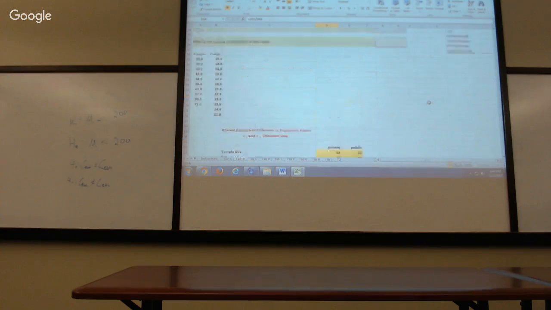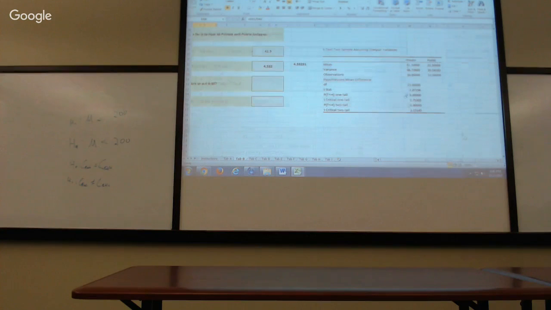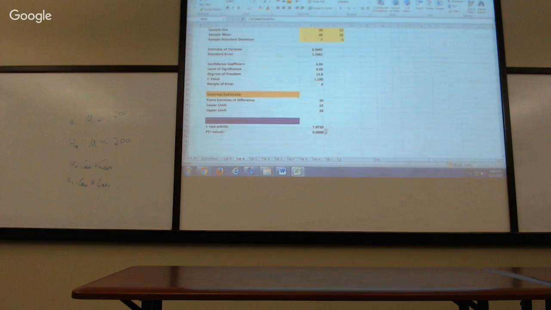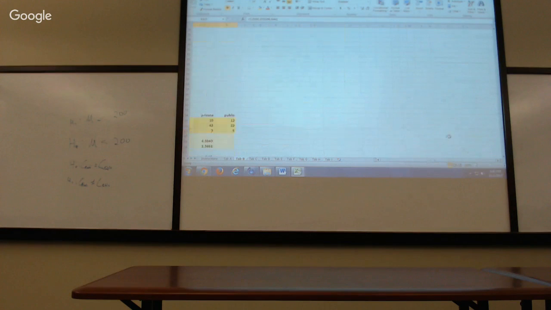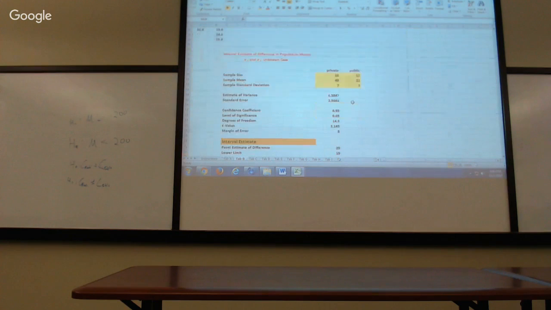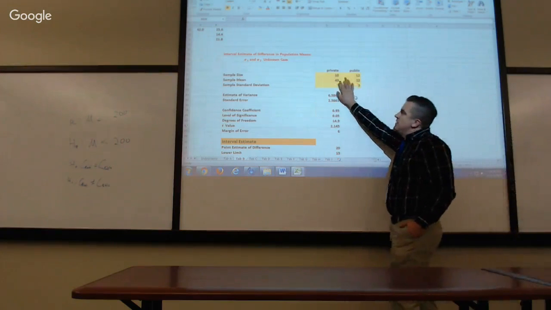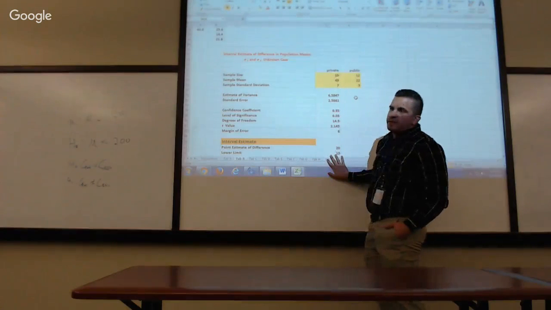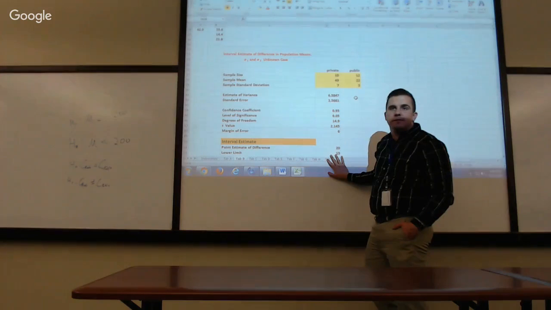Then we can look at our test statistic, which is going to be the same as the test statistic we're given here, and our p-value, which is going to be the same as the p-value that is given here. Once you properly fill in these 6 values for this test, the rest of your test is going to run for itself.